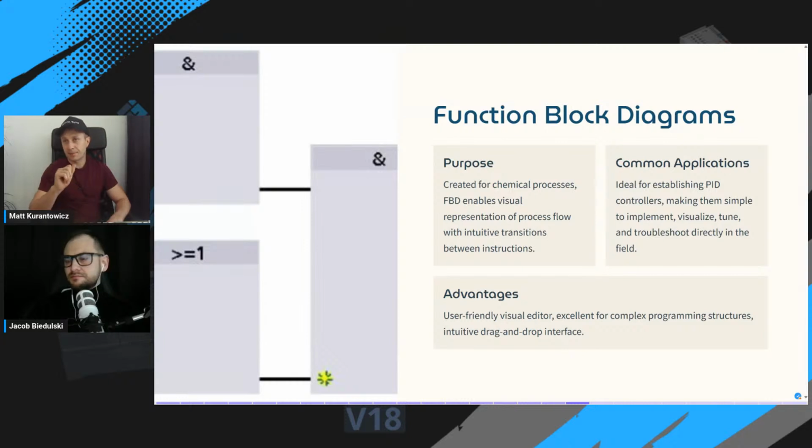The next language is function block diagram. This is FBD, which enables a visual representation of process flow with intuitive transitions between instructions. Common applications are processes, maybe PID controllers.